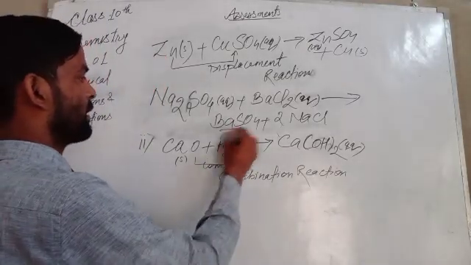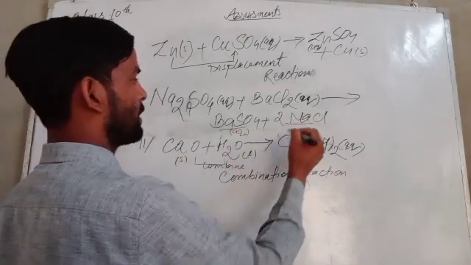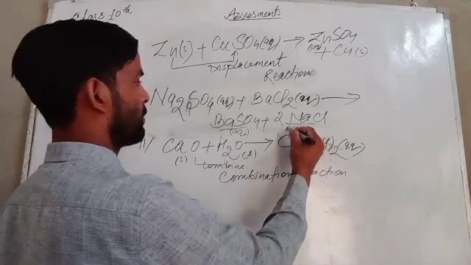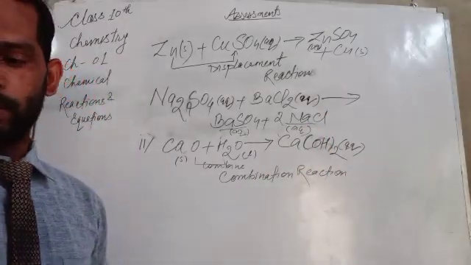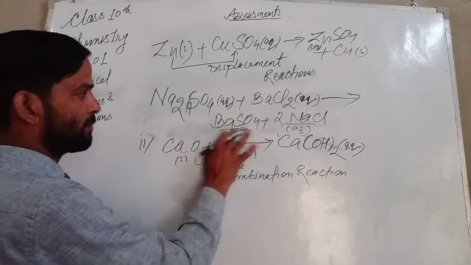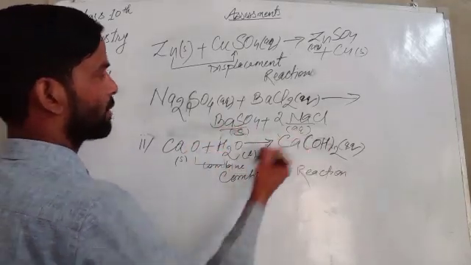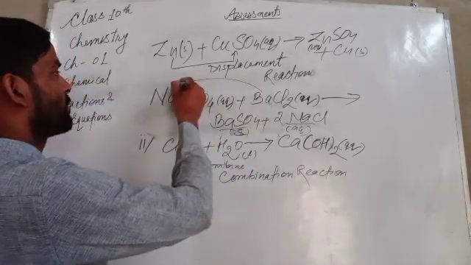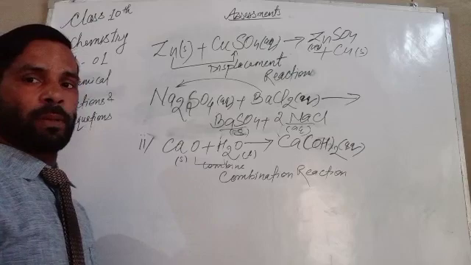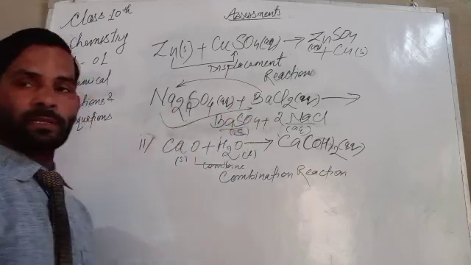So 2NaCl is in the form of salt, that is, in the form of aqueous. Barium sulfate will be in the form of solid. So here barium is replaced by sodium and sodium replaces the barium as well.